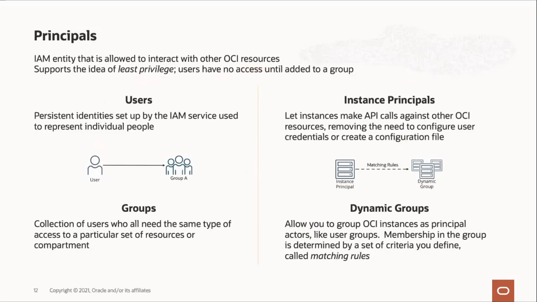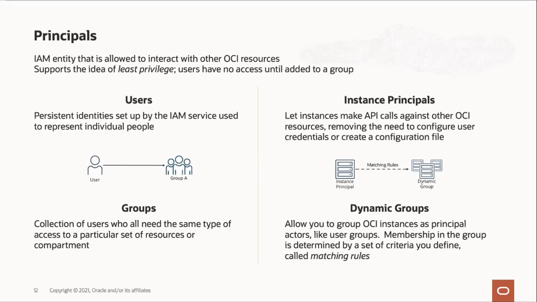Yeah, so you would use instance principals to allow your instance to make API calls. And you would set up a dynamic group. So it's similar to a regular group, but instead of adding users to your regular group, you're going to add a matching rule. And this is going to be specific criteria that you set up that is going to match your instance.